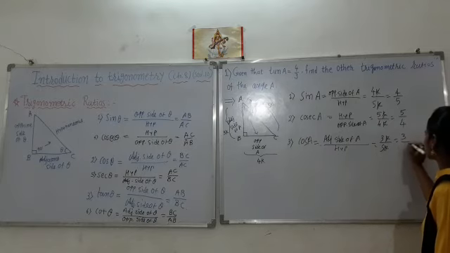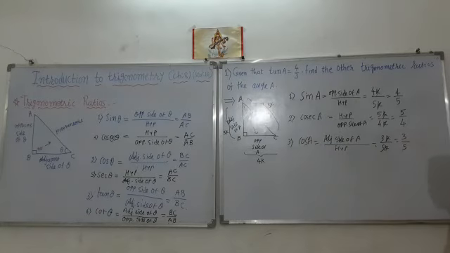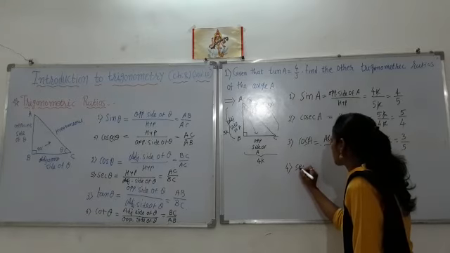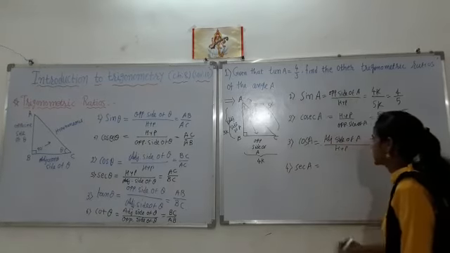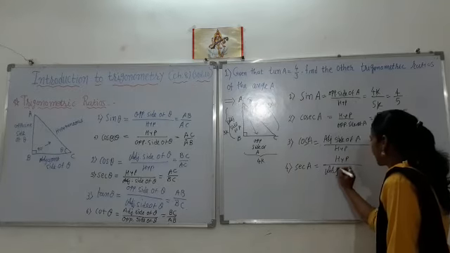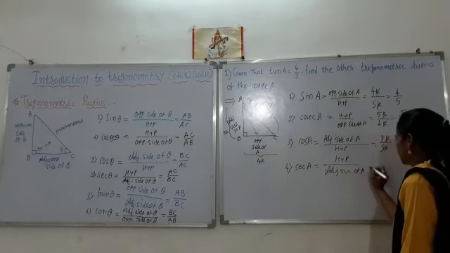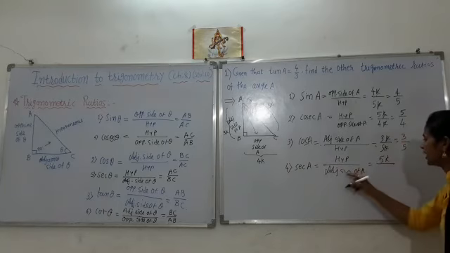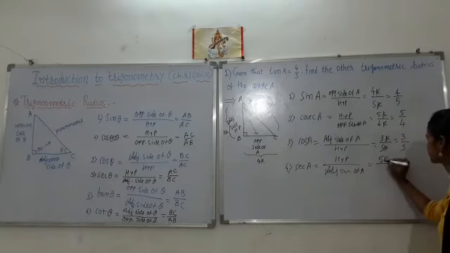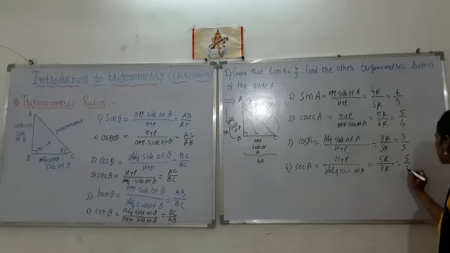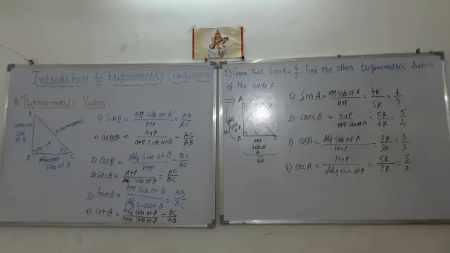K cancels, so 3 by 5. After finding cos A, find its inverse, sec A. So sec A is equal to hypotenuse upon adjacent side of A. The hypotenuse is 5K and the adjacent side is 3K. K cancels, so this is 5 upon 3.